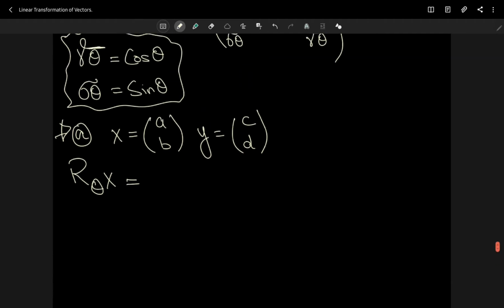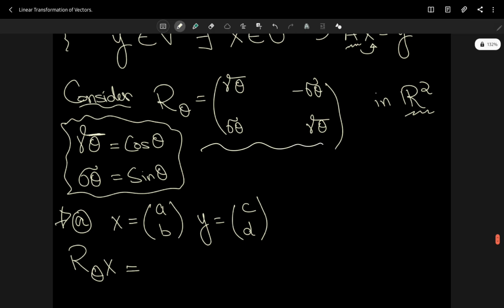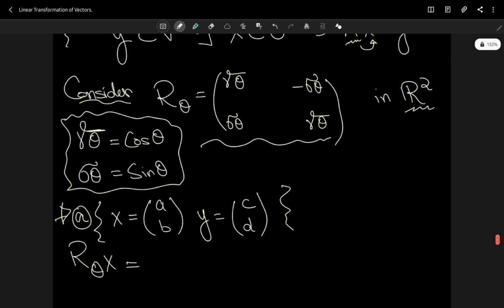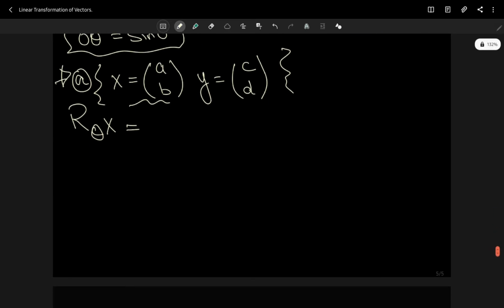If you do the math, this is your r theta, and here we have defined our X and Y. So you take your matrix r theta and you act it on this vector X, that is, you just take the product, you end up with A cosine theta minus B sine theta, and in your second row you have A sine theta plus B cosine theta, right?